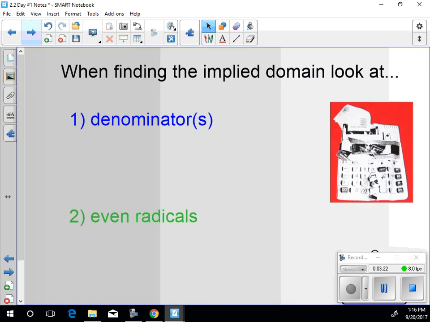Okay. Here are the two restrictions on any function. You have to look for one of two things. You have to look for a denominator. The first thing we look for is a denominator. Let's take a function f of x, and let's call f of x 3 over x. Does it have a denominator? Yeah. What would be the problem with the denominator if it equaled what? 0.